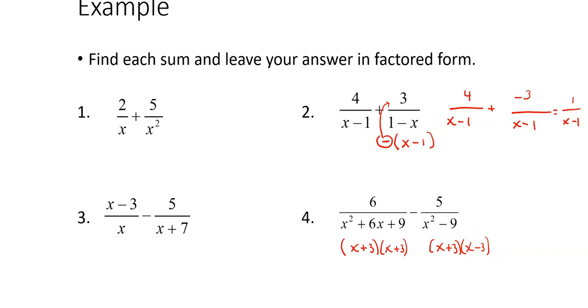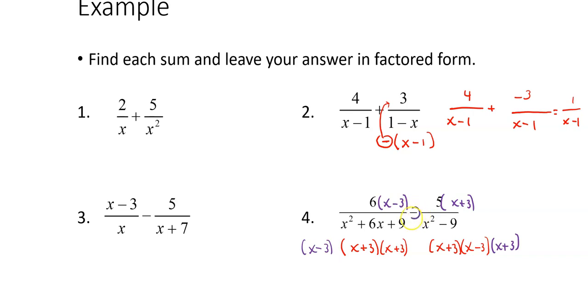So they already have a common factor of x plus 3. The first one is missing the x minus 3. The second one is missing another x plus 3. So just one x plus 3 is not enough because the first one has 2. So this one over here is missing the x minus 3, and this one over here is missing the other x plus 3.